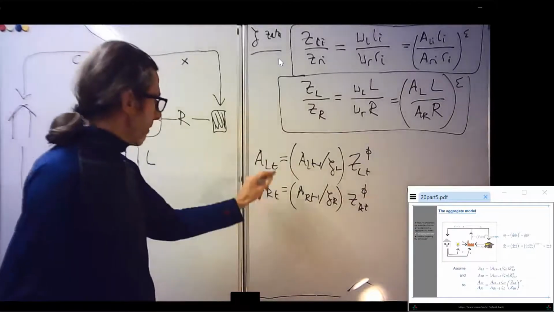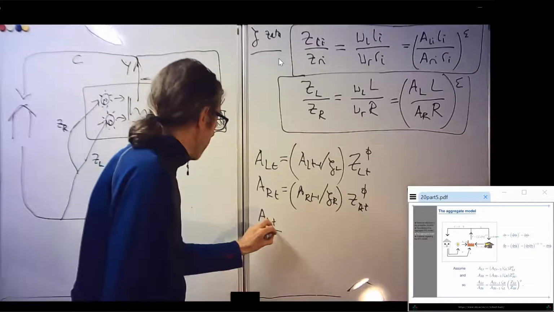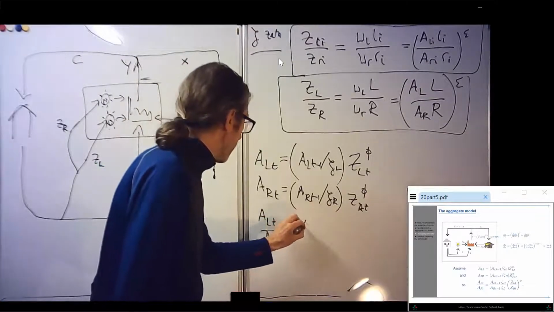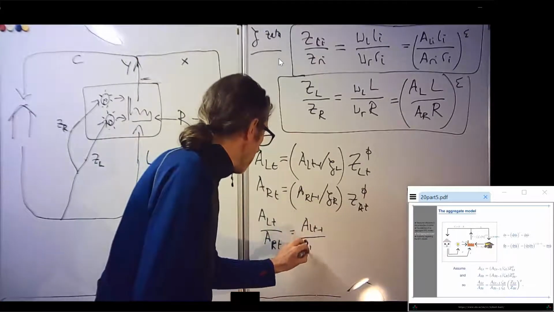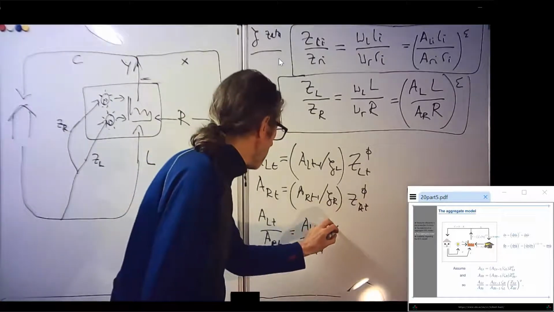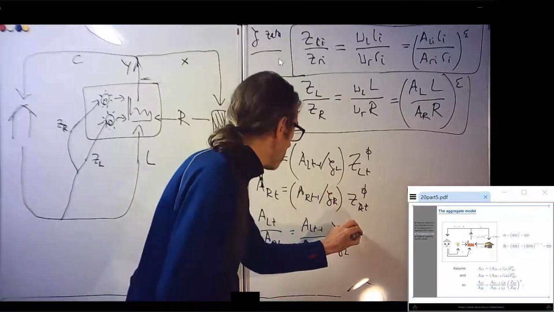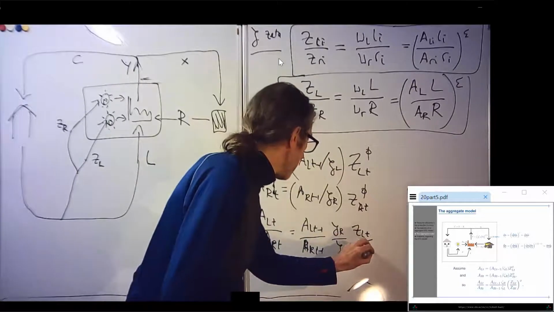So when we divide one by the other, we get ALT over ART is equal to ALT minus 1 over ART minus 1, times zeta R over zeta L, times ZLT over ZRT.